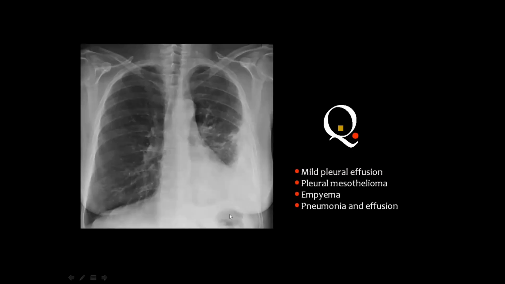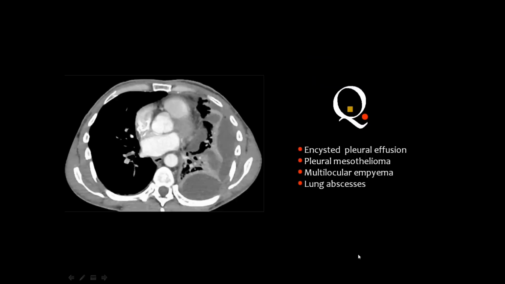When do you diagnose empyema? If you see the effusion is encysted, you say this is an encysted pleural effusion, which may be secondarily infected, but this effusion is not encysted. It has a meniscus upper border. Then this is not an empyema, and of course it is not a mesothelioma. There is no pleural thickening, and this is not just a pleural effusion because there is opacity of the underlying lung, and this is pneumonia and effusion.